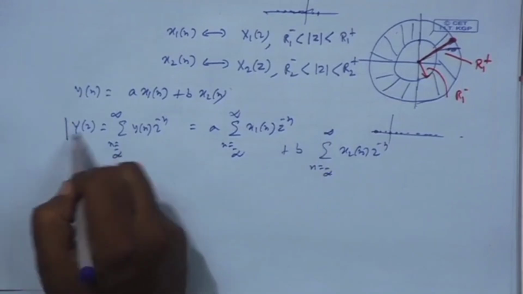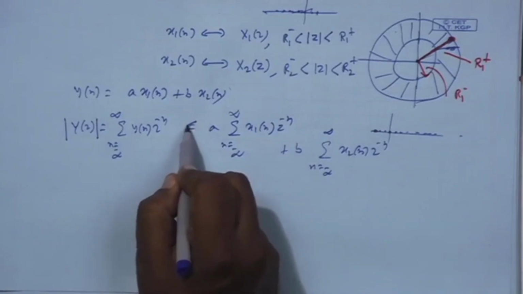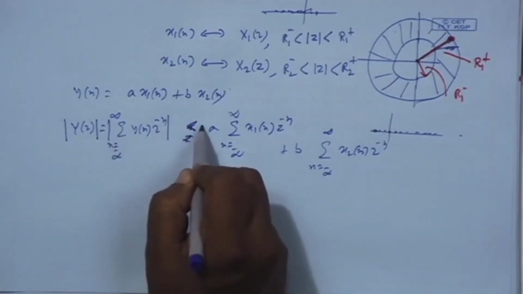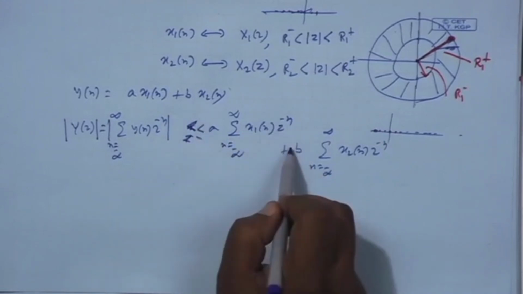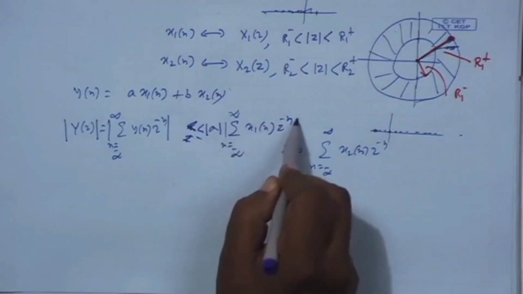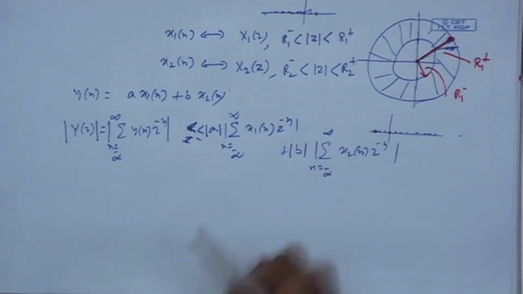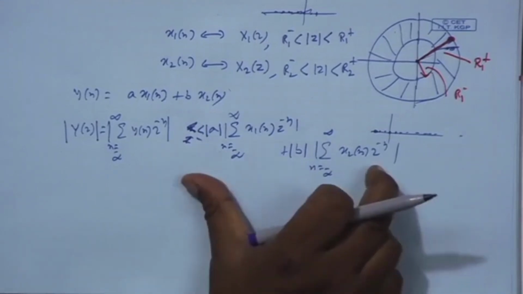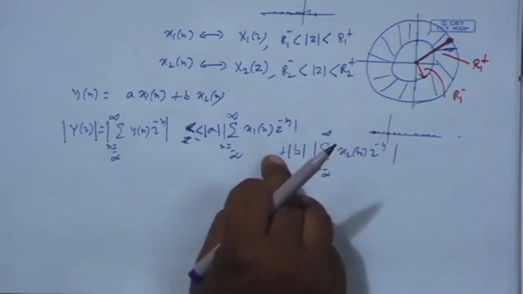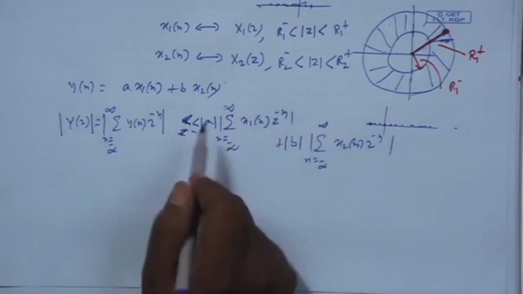So, for this to exist, mod of this is less than equal to mod of this entire thing, which is nothing but mod of A times mod of this and then mod of B times mod of this, less than equal to, because of the triangle inequality. There was a sum. So, if you apply mod on the sum it is less than equal to the sum of two mods, and on these mods you can apply that mod of a product is product of mods.